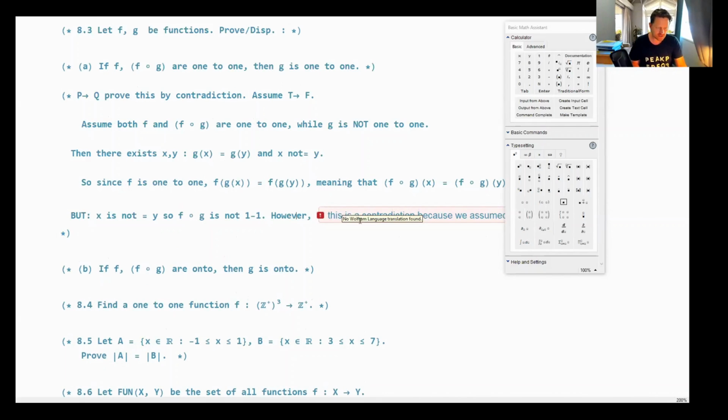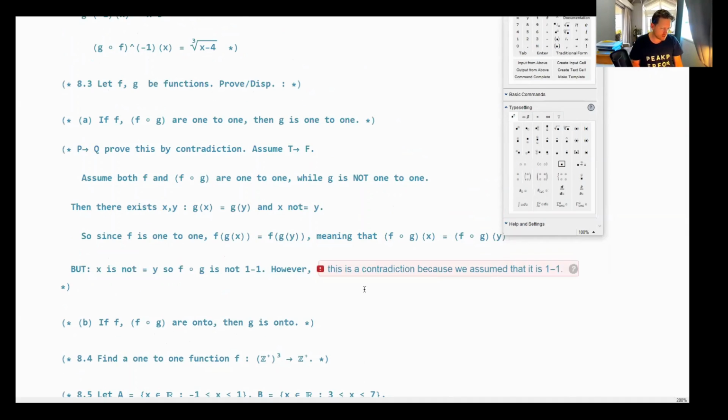And of course, there are downsides, and one of those is that when I'm typing I accidentally turn things into Wolfram Alpha script. All right. So this completes the proof, and so we'll say, since we obtained that contradiction, hence we have proved the result.